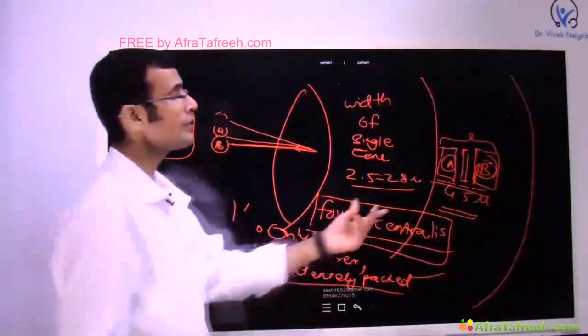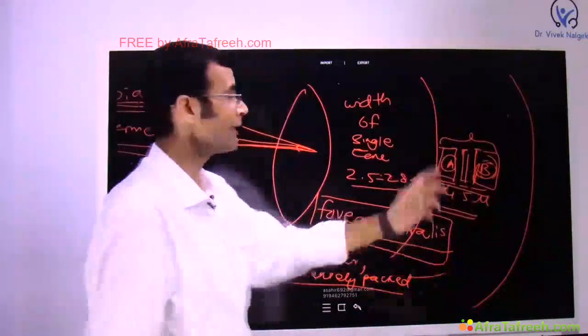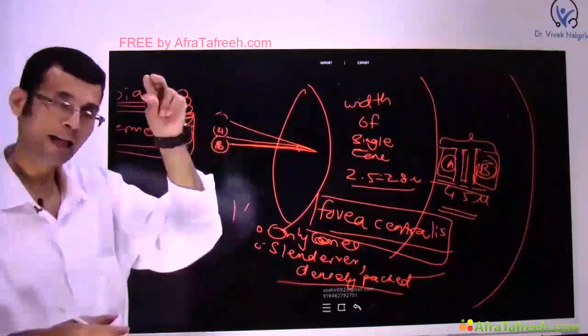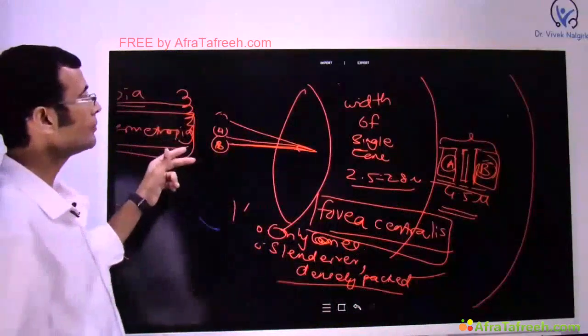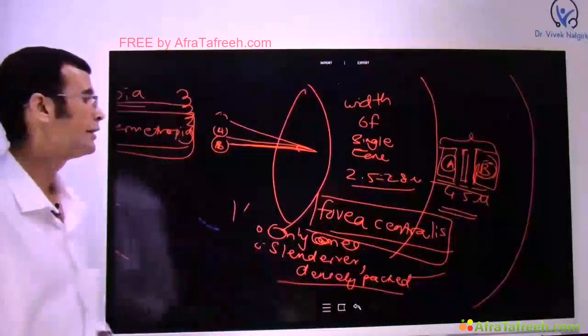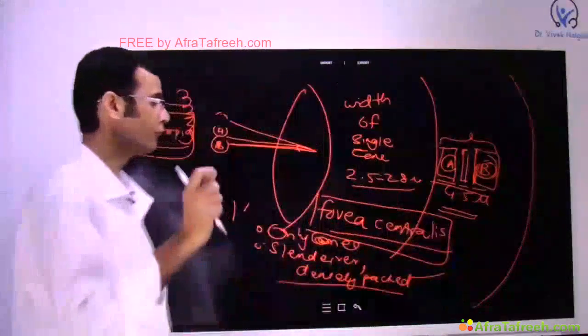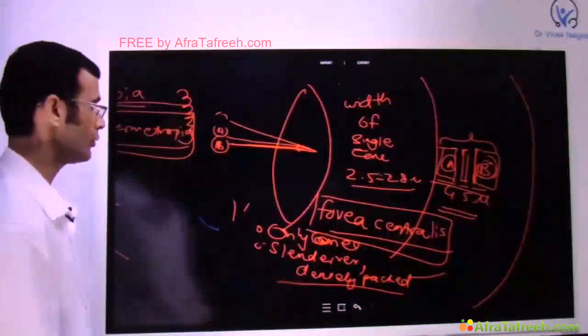So the two images can come closer. That means two objects which we are looking at can be closer, and we can still see them separately. So that's the importance of a thinner and densely packed photoreceptor.